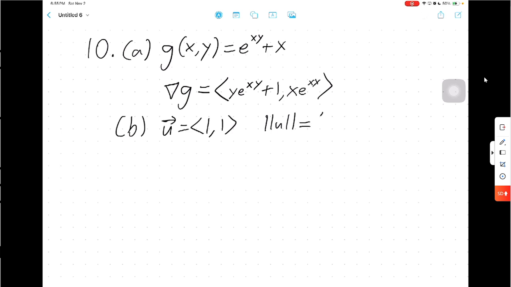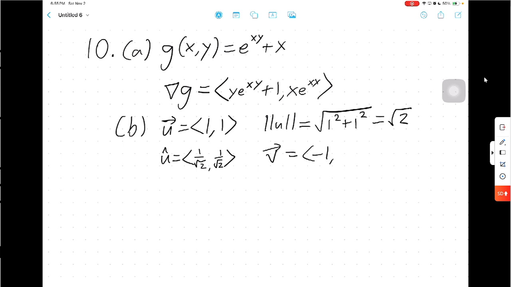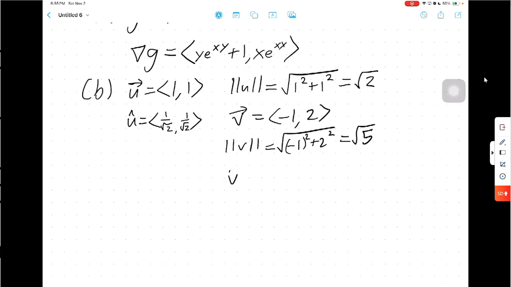Magnitude of u is equal to square root of 1 squared plus 1 squared, which is root 2. So the unit vector is (1 over root 2, 1 over root 2). And v is equal to (-1, 2). The magnitude is the square root of negative 1 squared plus 2 squared, which is equal to root 5. So the unit vector is going to be (-1 over root 5, 2 over root 5).